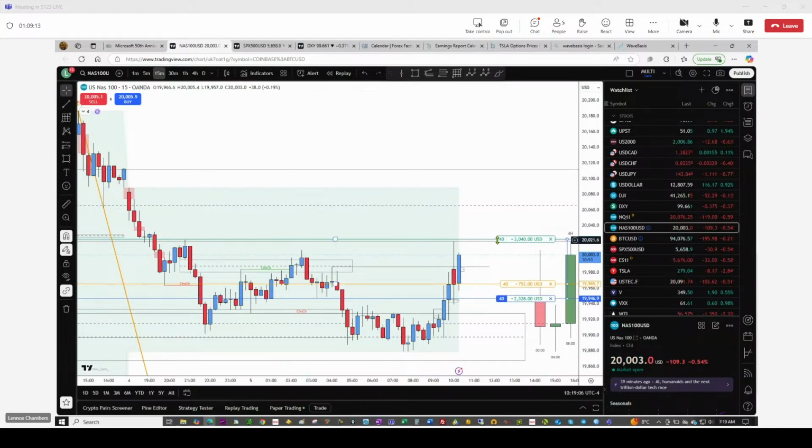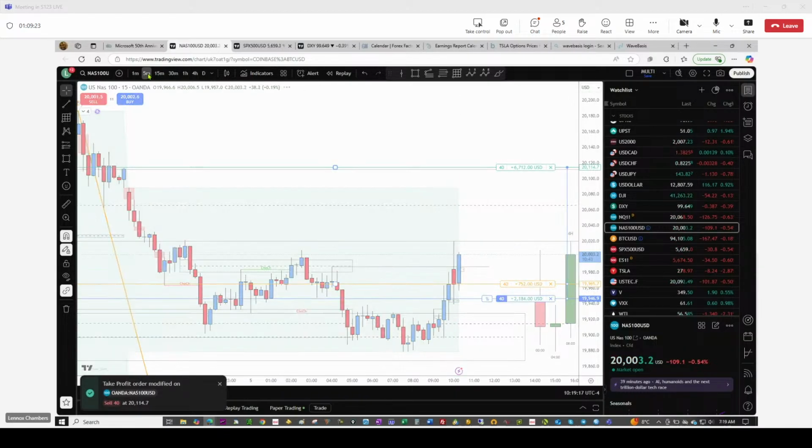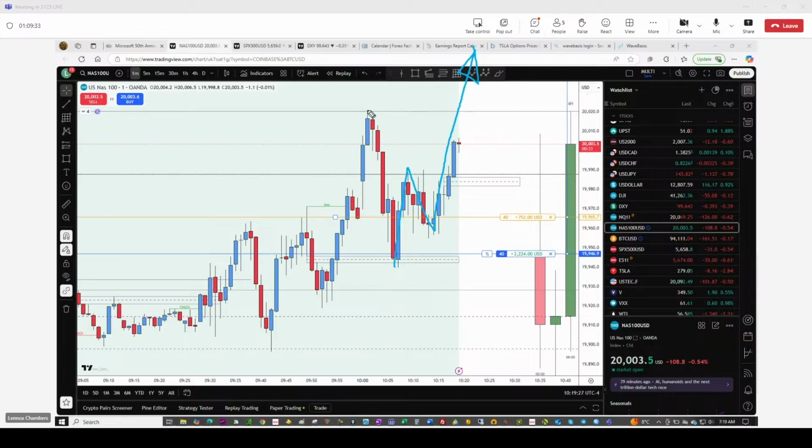So where would I put my target? Maybe to these highs up here is reasonable. The reason is that I have a 1, 2, 3 bottom at this point, and this 1, 2, 3 bottom says I should go a lot higher than just these highs.